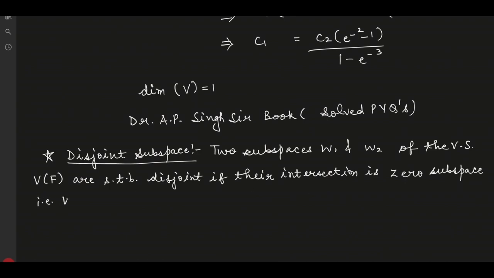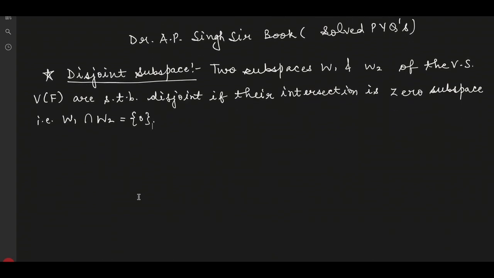That is, W1 intersection W2 is 0. Then we will say that two subspaces are disjoint.